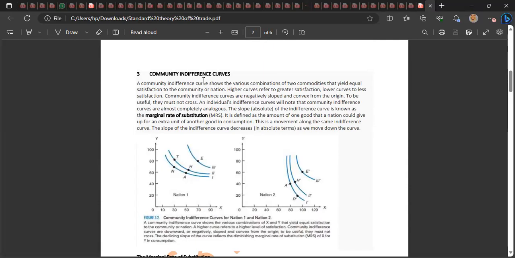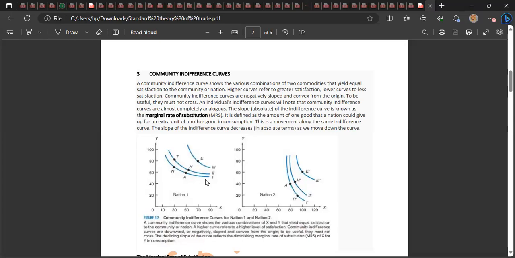We need to define what an indifference curve is in the first place. It shows the various combinations of two commodities that yield equal satisfaction to the community or the nation. Here we are talking of satisfaction in consumption. Whenever we talk of an indifference curve, think of consumption, and when you talk of consumption, think of demand.